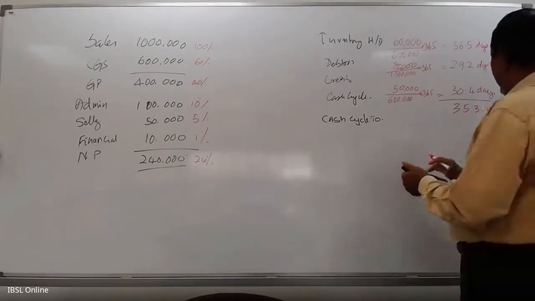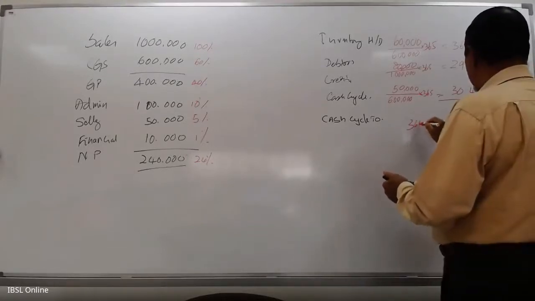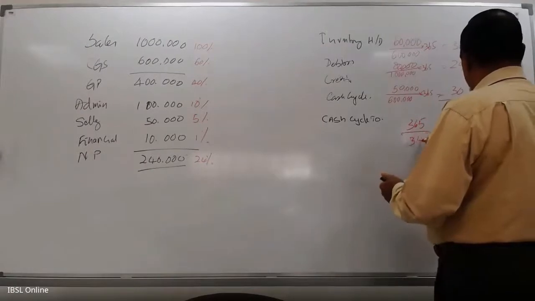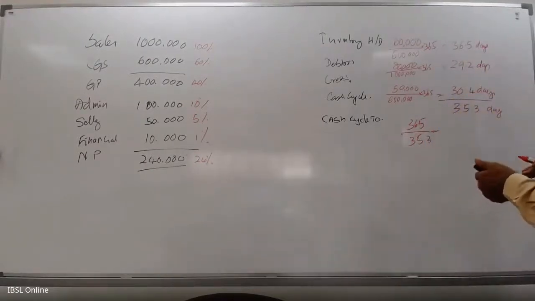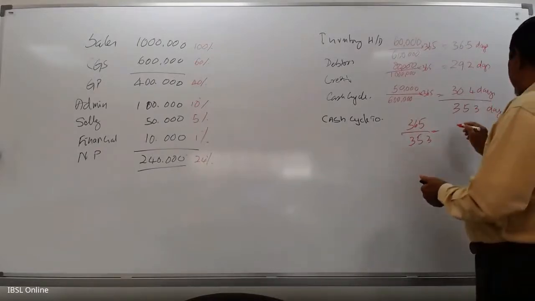Cash cycle: 365 divided by 35.3 is equal to 10.33.